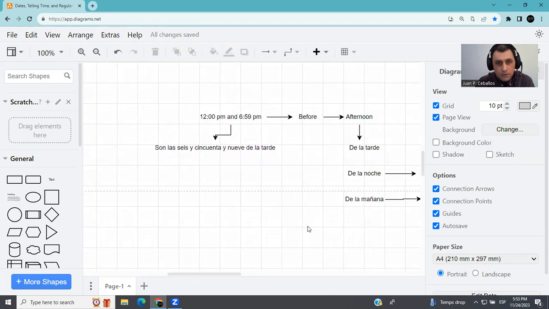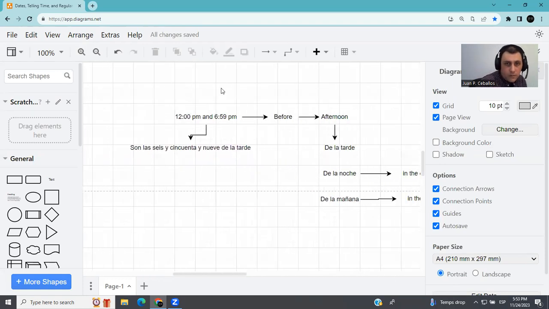Okay, so that's how it is. So remember, before 6:59 p.m. in the tropical is afternoon. 7 p.m. and after is considered night. And also we say night, we don't say evening. Example, son las 6:59 de la tarde.